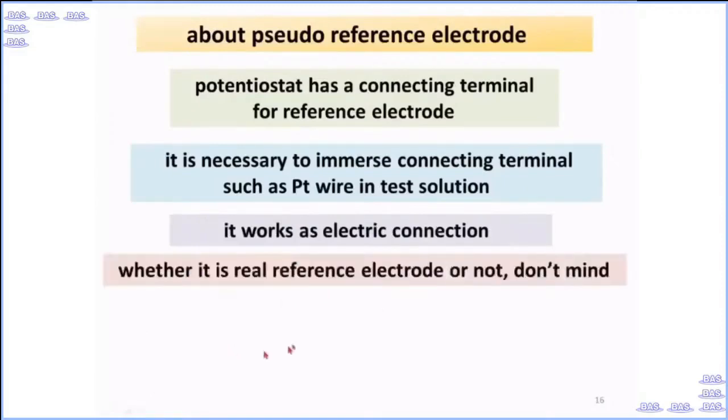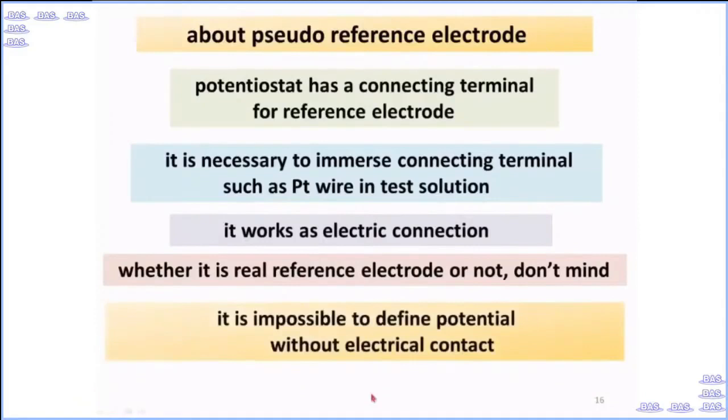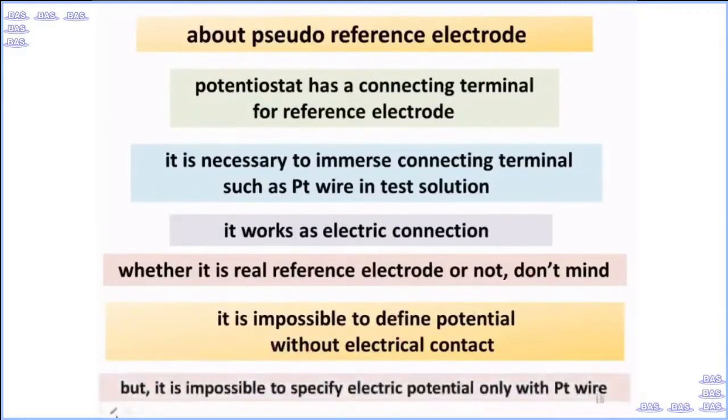Whether it is a real reference electrode or not, don't mind. It is impossible to define potential without electrical contact. So you need platinum just for electrical contact.